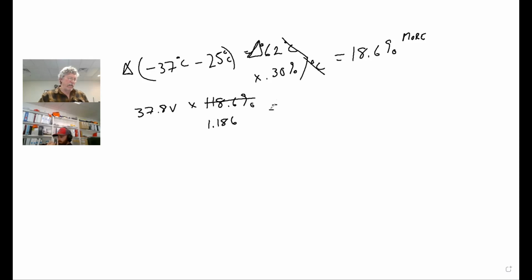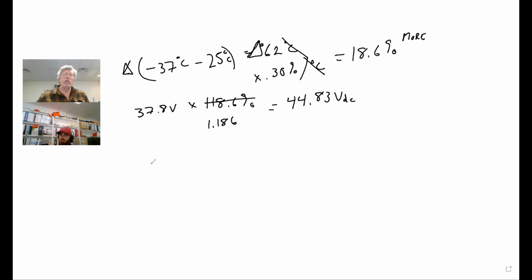So I take 37.8 times 1.186, and I find out on the coldest day ever, this panel might produce 44.83 volts DC. So each panel might produce 44.83 volts.